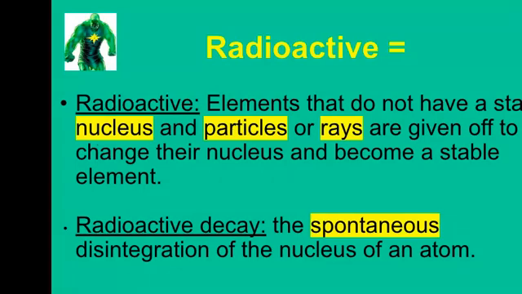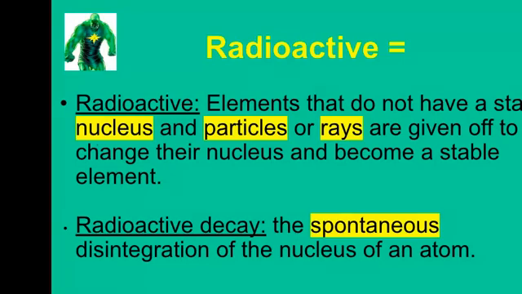No one's going in there saying, all right, you particle, get out of here, right? The atom is just automatically doing that so that it can become stable. So that's when we get radioactive decay, when those atoms are trying to get comfortable. They're trying to get stable, calmer, right? They want to get rid of some stuff.